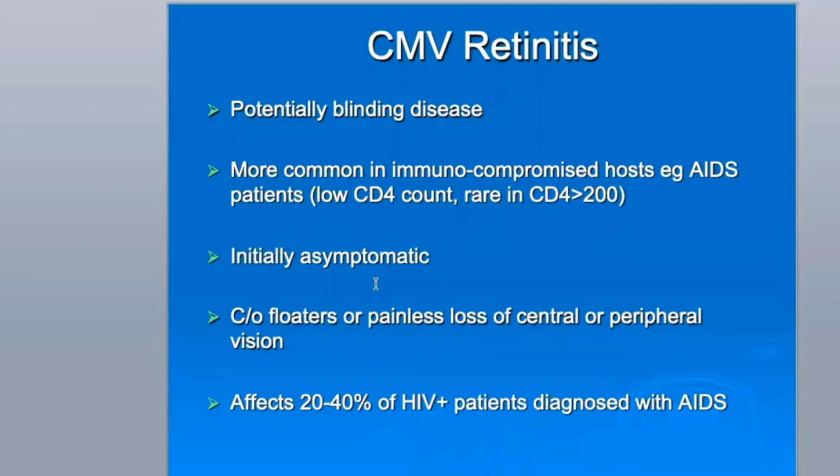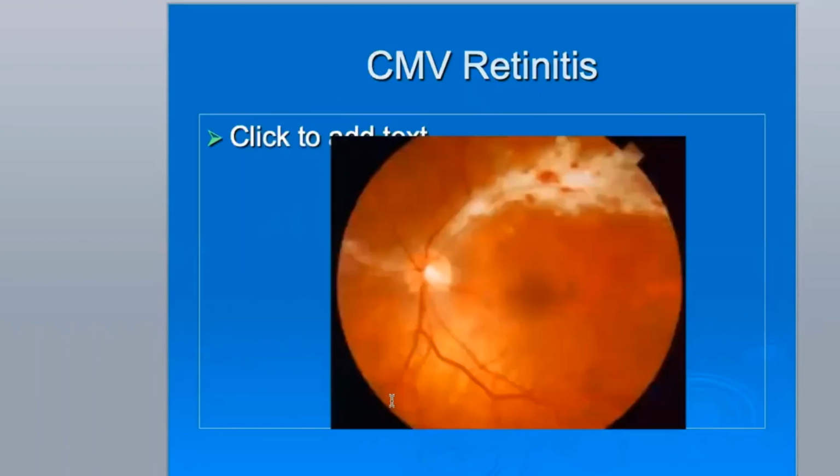Why don't they have any complaint? Because the fovea is usually not yet affected at the beginning. Towards the end, only then will they complain. If they have any complaint, they might complain of floaters or painless loss of central or peripheral vision. At least 20% to 40% of HIV patients might be diagnosed with CMV retinitis at some point.